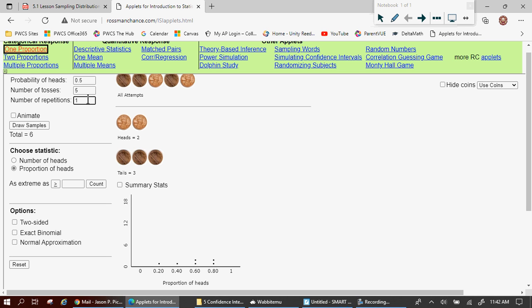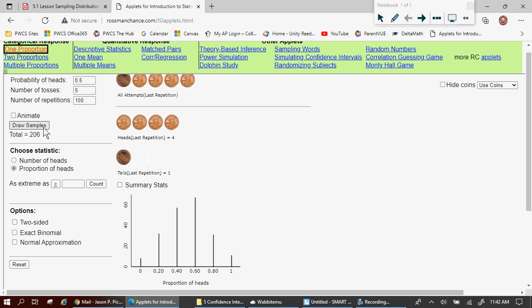I'm going to do 100 at a time. That's what's nice about this applet. And I can do 100 more and 100 more and 100 more. And hopefully you see what starts to develop. I can no longer see the individual data points because there are so many. I've done 406 samples now.